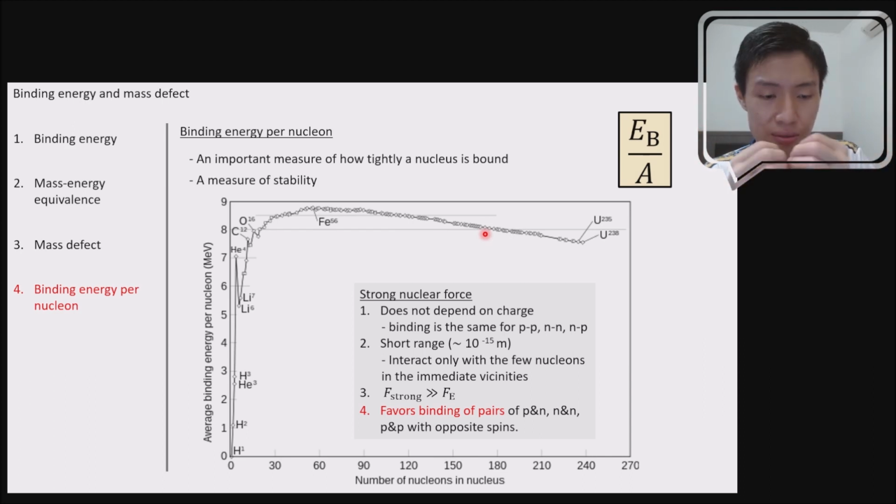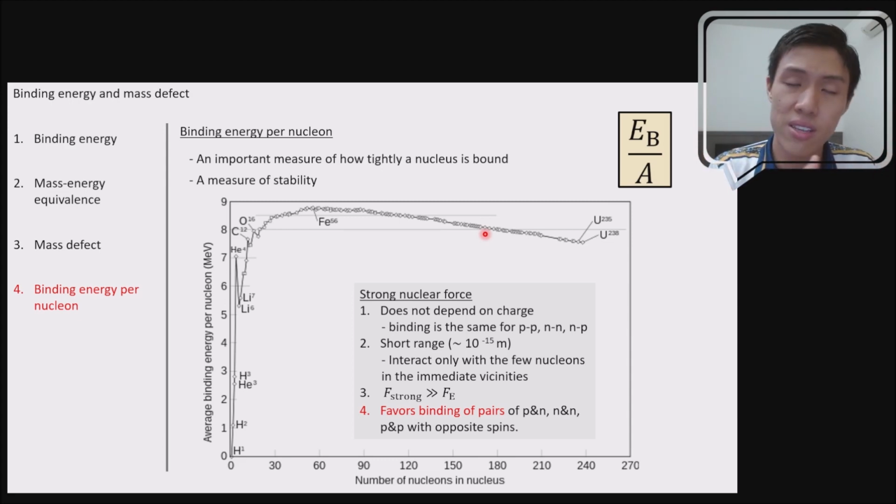So even though the distance is quite far, they are still able to repel each other quite strongly. With the strong force, when you go out of range, it drops very drastically. But the electrostatic repulsion force doesn't drop off that drastically. So even though you are far apart, they are still repelling each other relatively strongly.